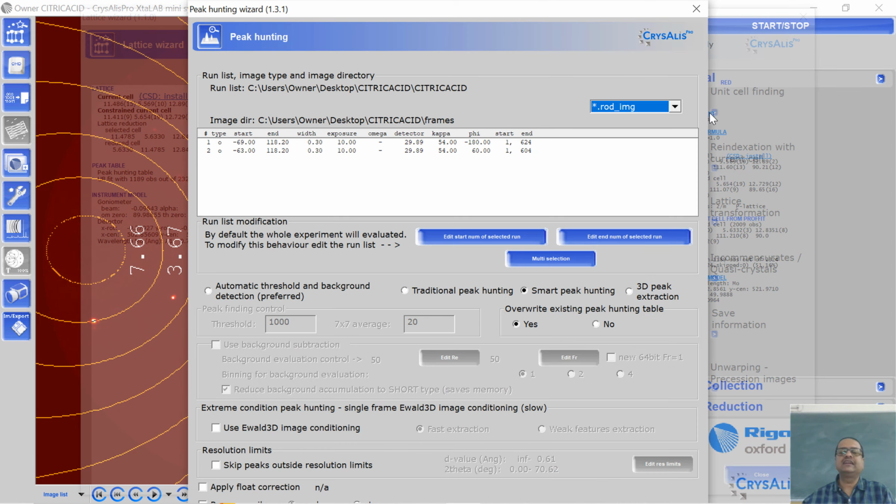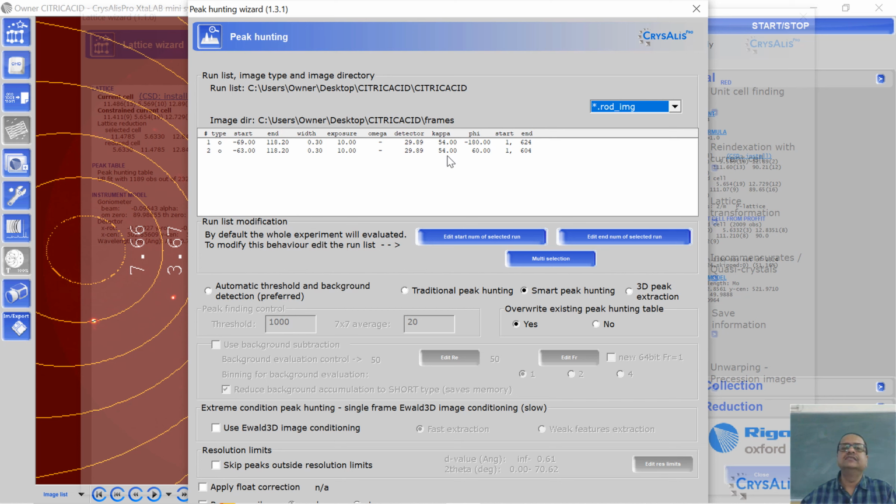When you click on user settings, it gives you option to choose. Now what you see here, we have 2 sets of data with 2 different phi values, minus 180 and 60. And starting and ending point for omega is same. Omega width is 0.3 and exposure time we gave 10 seconds. And this is the 2 theta position where the detector was, 29.89 degree, that is approximately 30 degree.